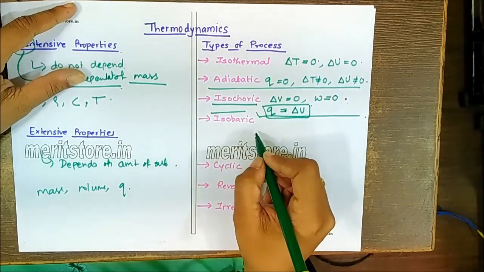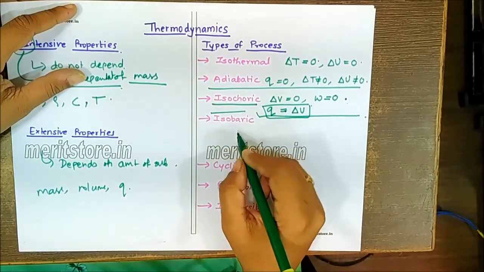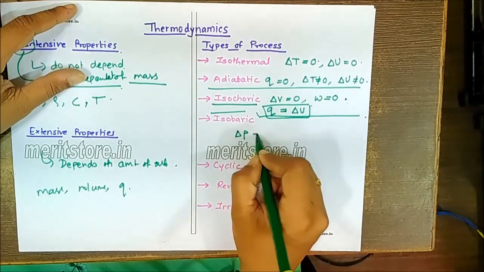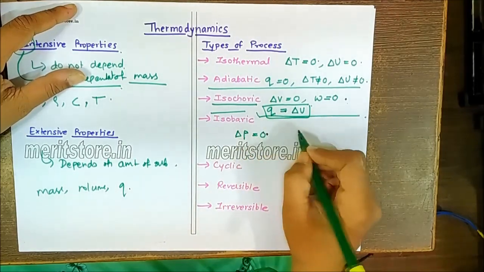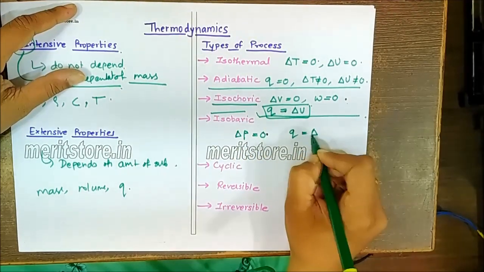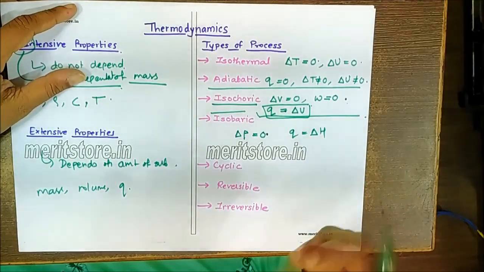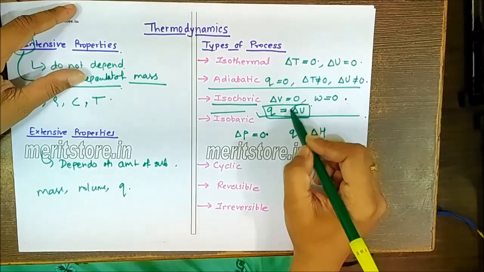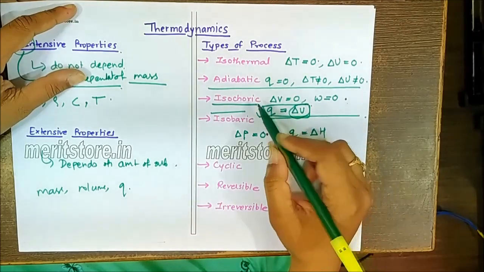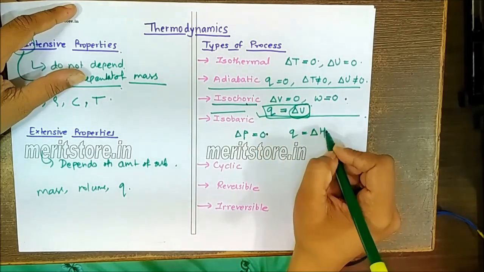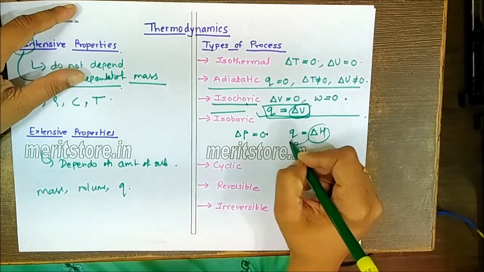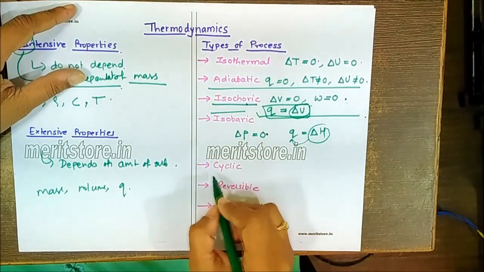In case of isobaric process, where the pressure remains constant, so delta P equals 0, Q is related to delta H. So remember, for isochoric process, delta U is the heat exchange at constant volume, while delta H is the heat exchange at constant pressure.